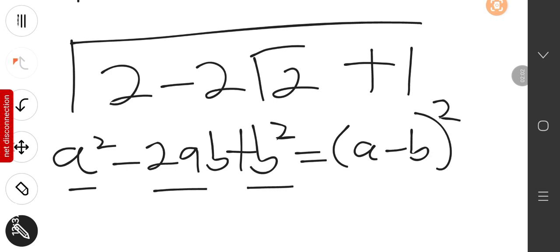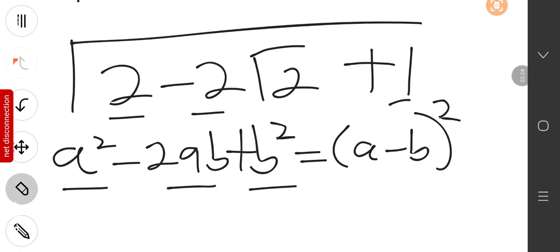So when you compare, you can compare this to what we have. So this is the first part. Let's do the comparison. This stands for the first part, this stands for the middle part, this stands for the last part.